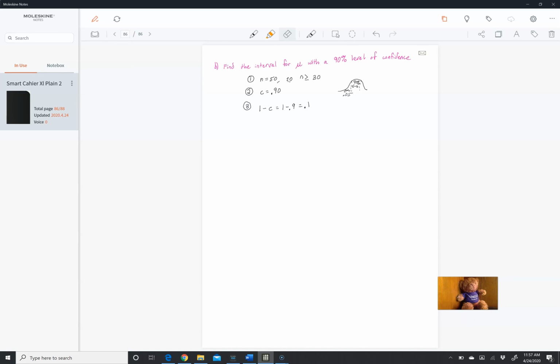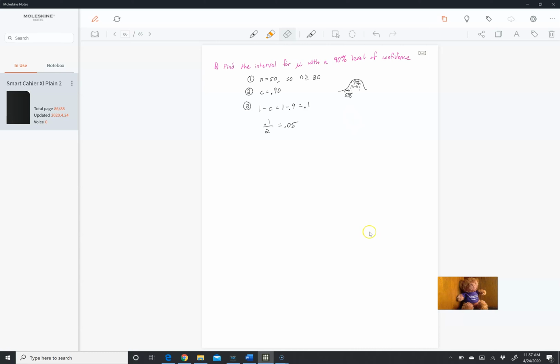Over there, it's only 0.05 or 5%. So it's 5% on the left, 5% on the right. That gives you 10%. The 90% in the middle plus the 10% is your 100%. You have to divide the 10% on the outside in half so that you get just the piece that's on the left. So we're doing 0.1 over 2, which is equal to 0.05.